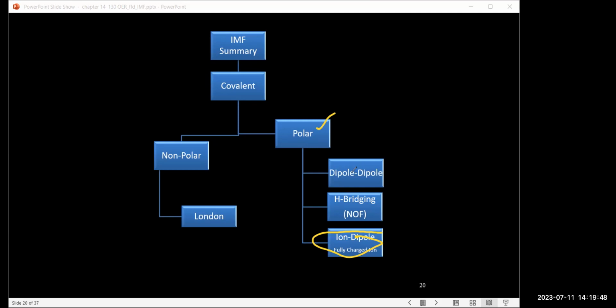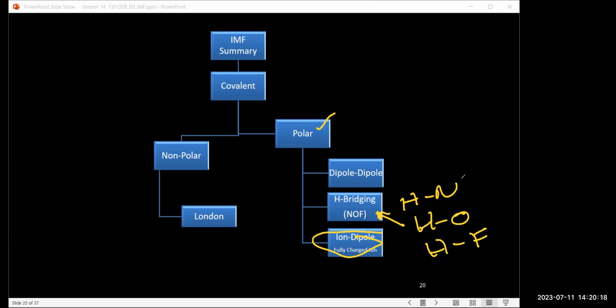Now, if it's covalent, we're dealing with either dipole or hydrogen bridging. Well, remember that hydrogen bridging deals with hydrogen bonded to either nitrogen or oxygen or fluorine, okay? That being the case, the intermolecular force associated with those molecules when they're interacting with other of the same molecules is hydrogen bridging.